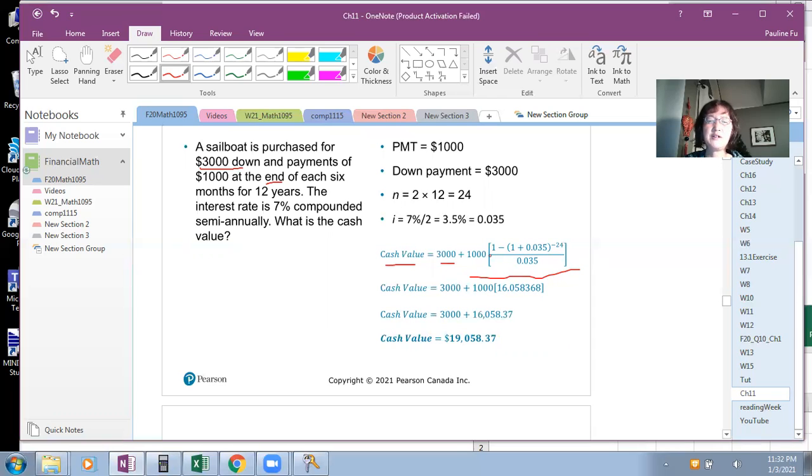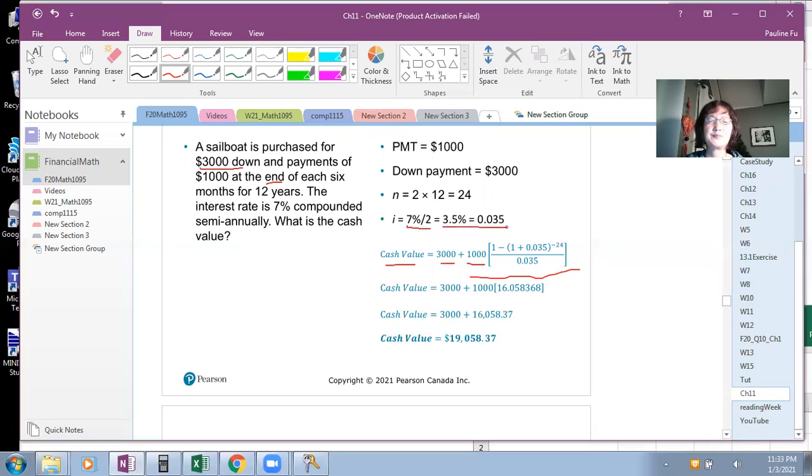And the present value of the annuity is equal to PMT times 1 minus 1 plus I raised to the power negative n, over I. I is 7% compounded semi-annually, so 7% divided by 2 is 3.5%.